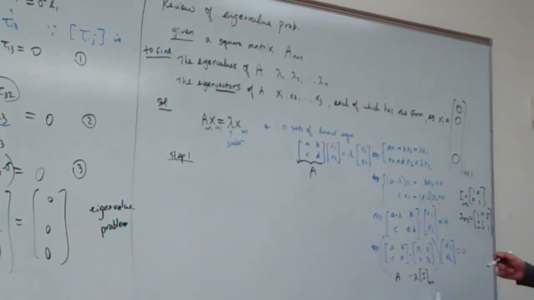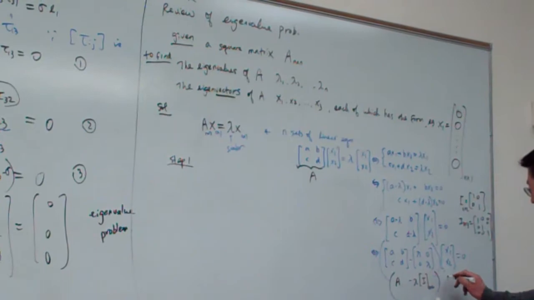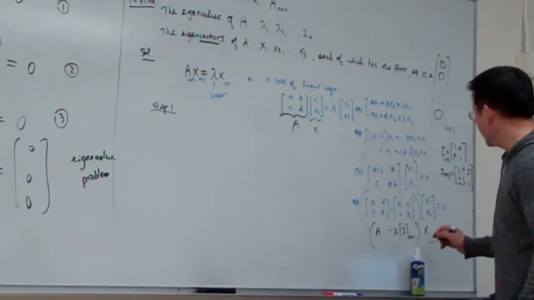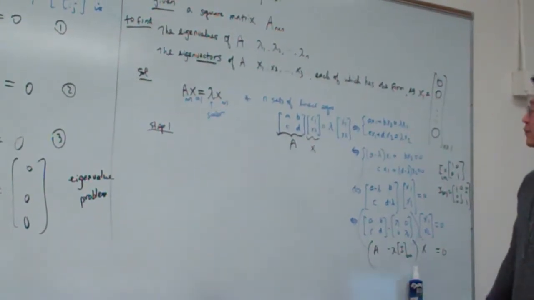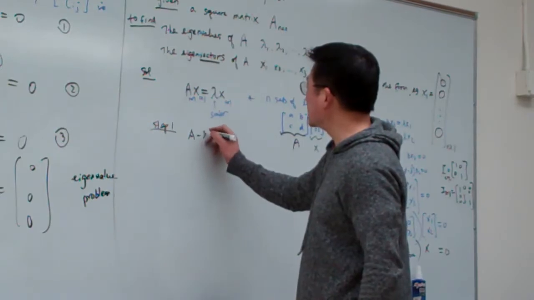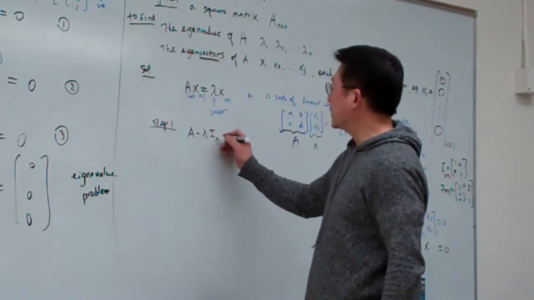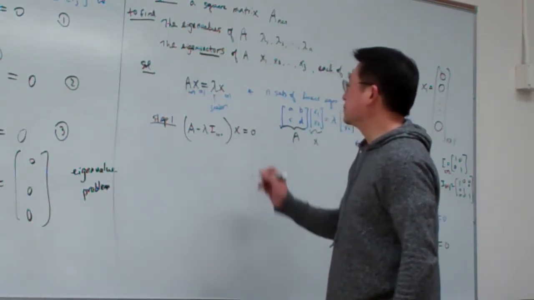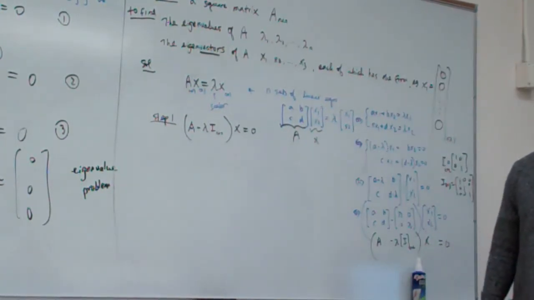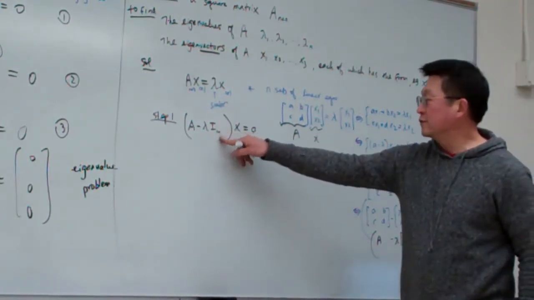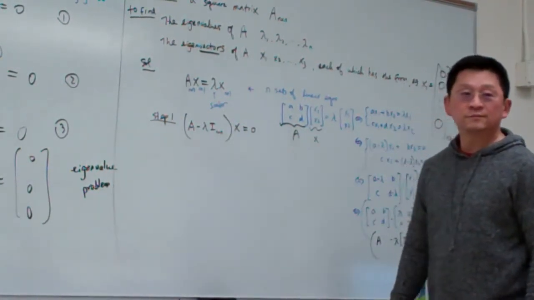And then let me define this as the x vector equal to 0. So from this equation, in step 1, we can easily write A minus lambda times I, an n by n matrix, times x equal to 0. Using this simple example should be easy for everyone to comprehend.